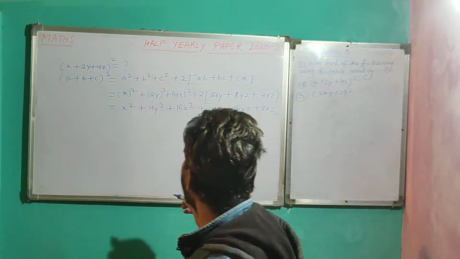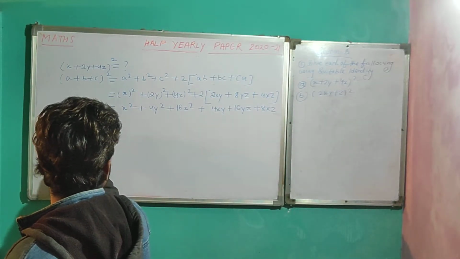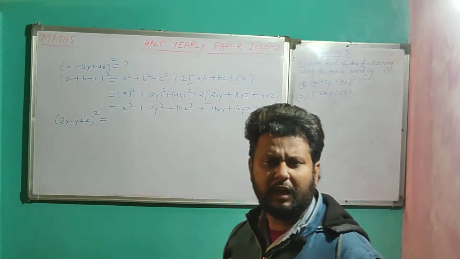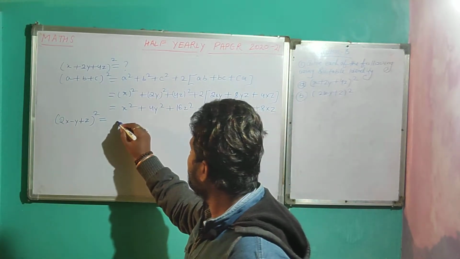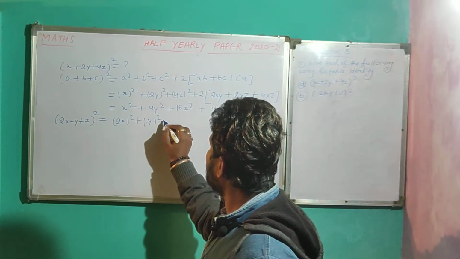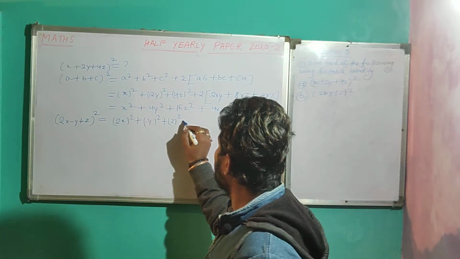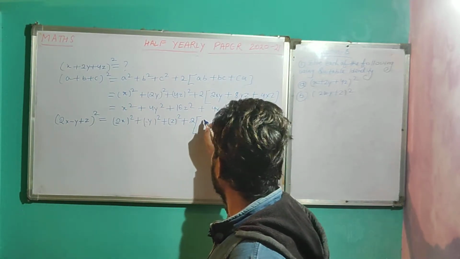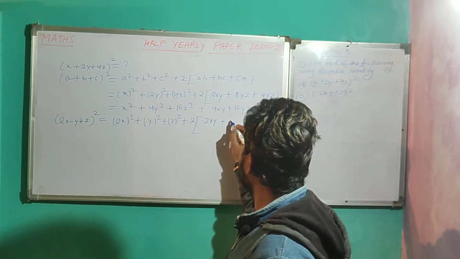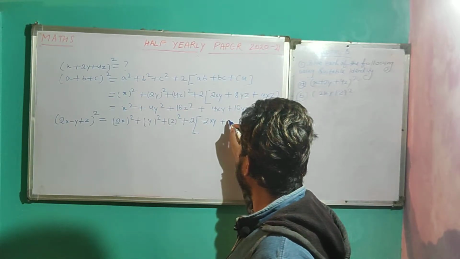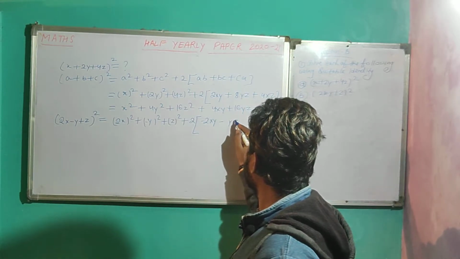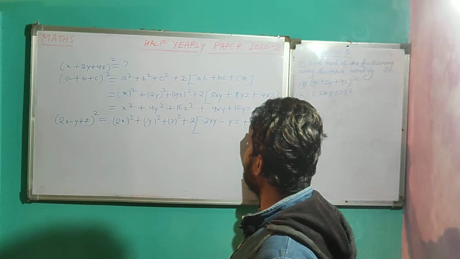Now second part, (2x minus y plus z) whole square. Same formula, same concept. Okay, let's do it. a square plus b square plus c square plus 2 bracket ab plus bc plus ca.